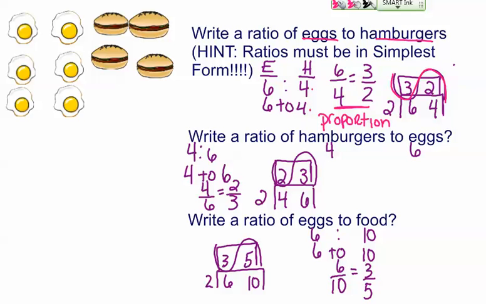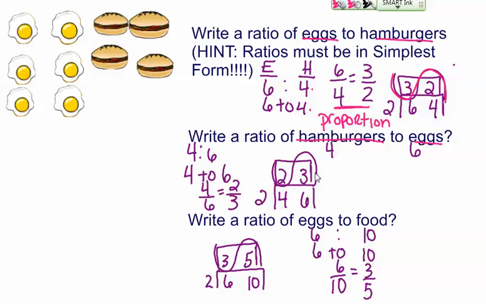And our second question said write a ratio of hamburgers to eggs. There are 4 hamburgers and 6 eggs. So our ratio is 4:6, 4 to 6, or 4/6. But again, that's not simplified. So we had to do birthday cake. 2 goes into 4 2 times. 2 goes into 6 3 times.